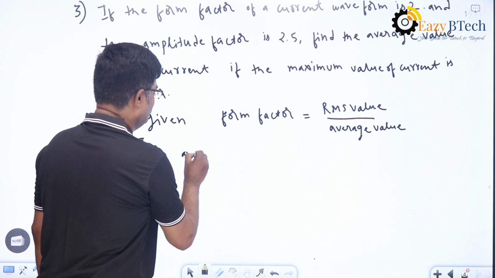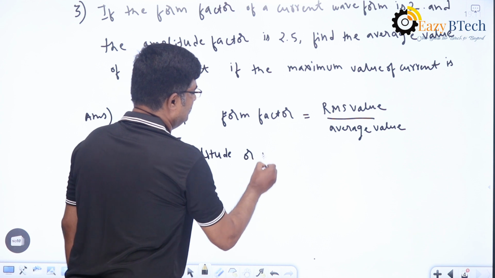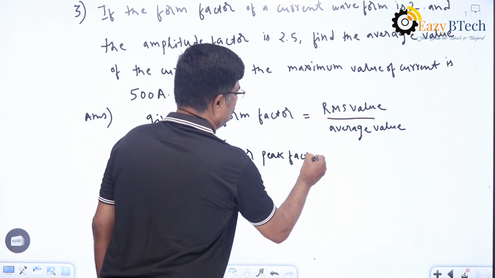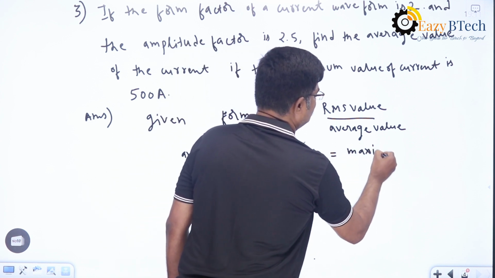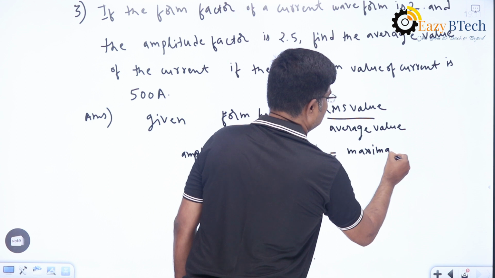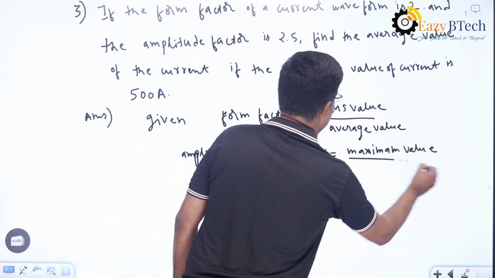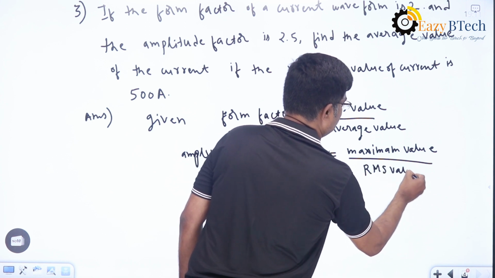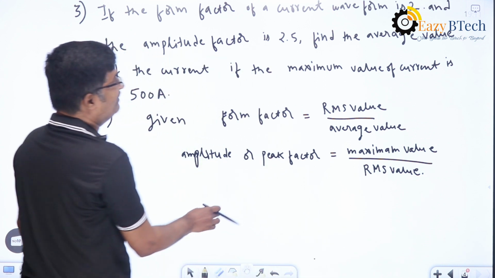So here I will be writing amplitude or peak factor, which is equal to maximum value by RMS value. These are the formulas which I am having.